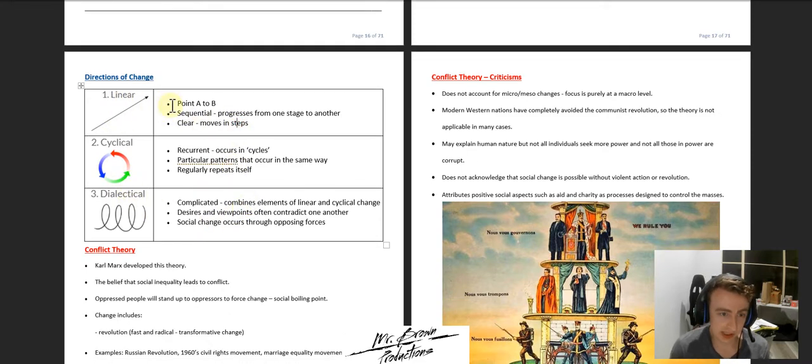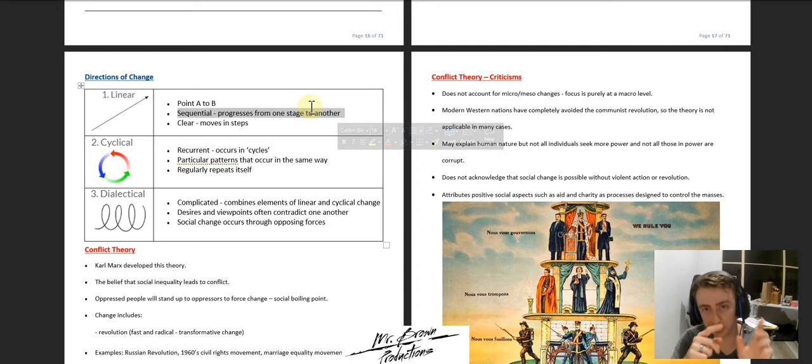So for example, there's linear social change. We looked at this word in one of our previous lessons, and that's where something changes from point A to point B. Okay, it's sequential. It goes from one stage to another, A, B, C, D, E, 1, 2, 3, 4, and it's clear. It moves in steps.